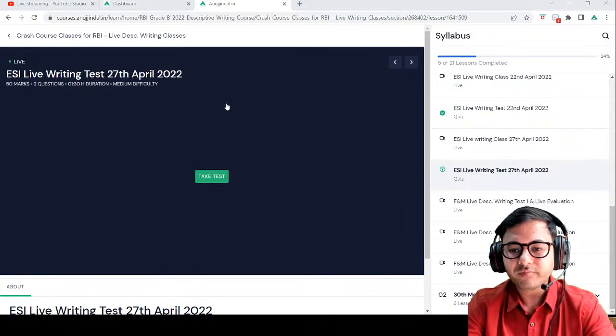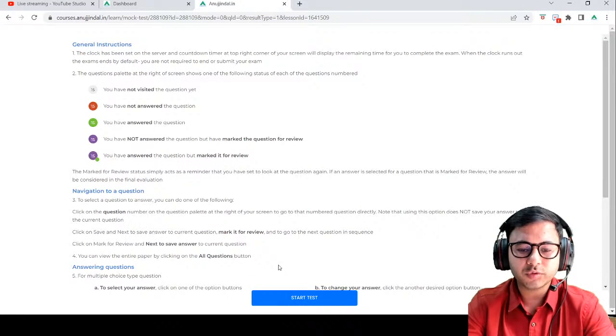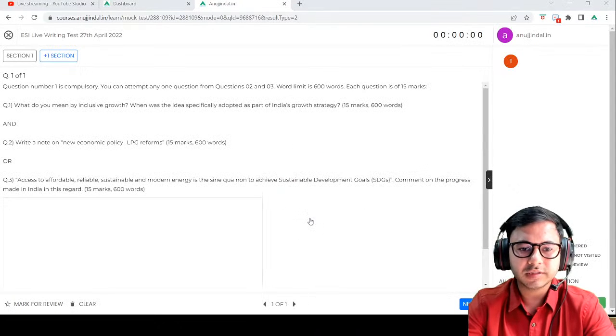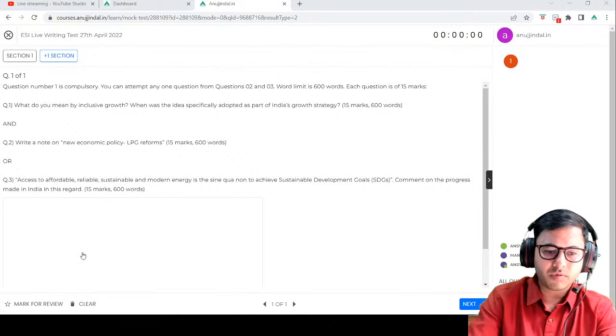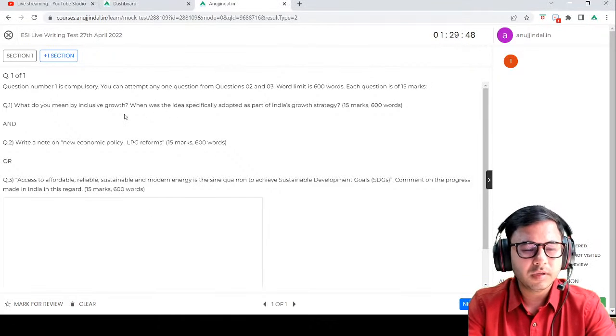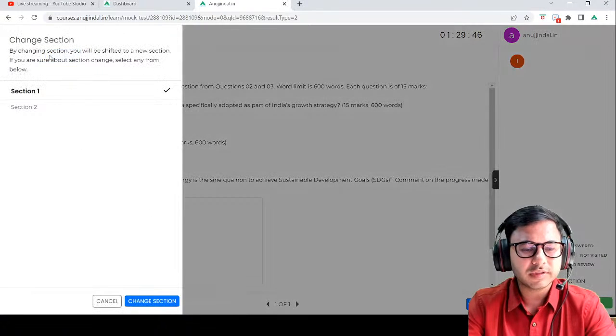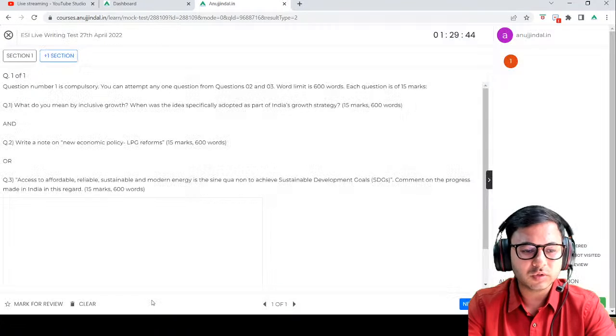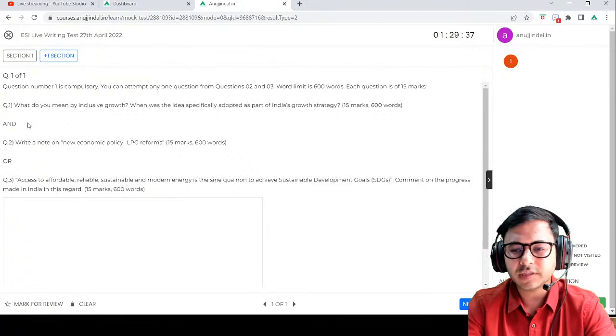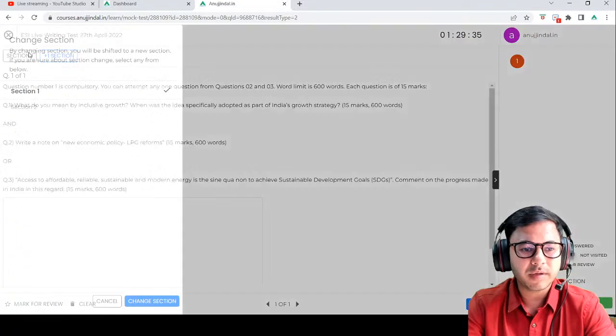Okay, you can start the test here. Let me just show you the sample when I start the test, as in here. As I start with this section, as you can see, there are 2 sections, section 1 and section 2. Section 1, question number 1 is compulsory. Out of question number 2 and question number 3, you can write any one question.